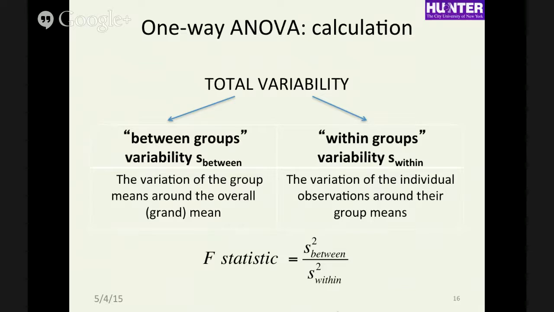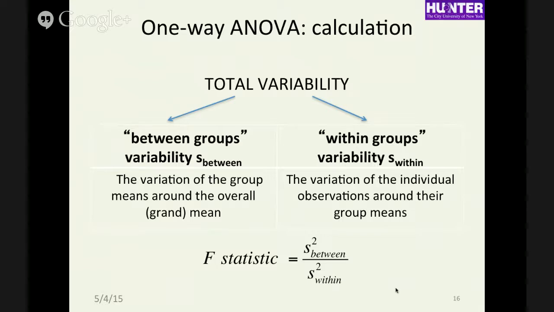But I'm using variance as a description of variability. There are other descriptions of variability, but we're going to use variance. So S squared is the variance, where S is the standard deviation.